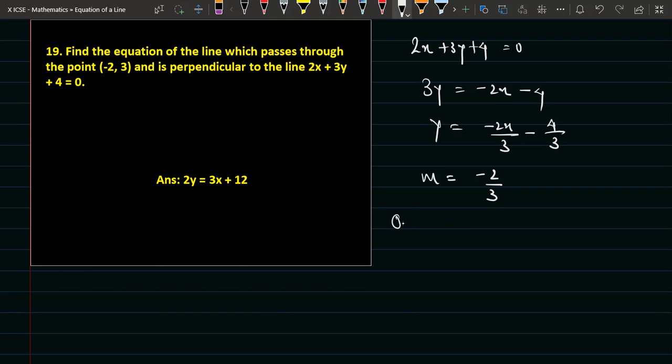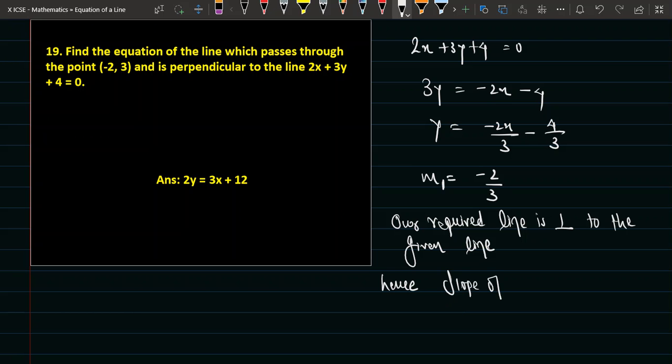Now our required line is perpendicular to the given line. Hence, suppose this is m1. Then what is m2?